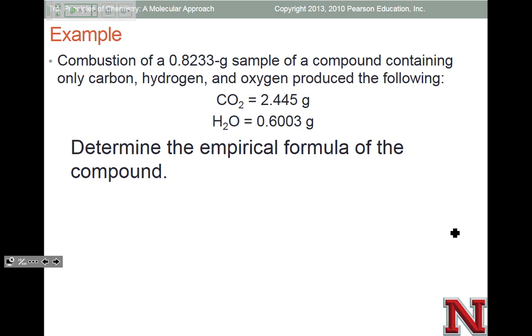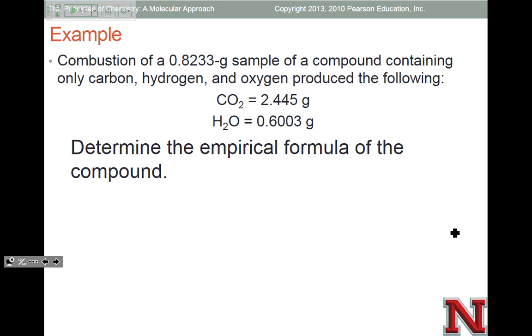We know the compound only contains carbon, hydrogen, and oxygen. And we set this up for combustion, and we found that we have 2.445 grams of CO2 and 0.603 grams of H2O. So that tells us how much of those two things we have. And we know how many grams of our sample we started with.